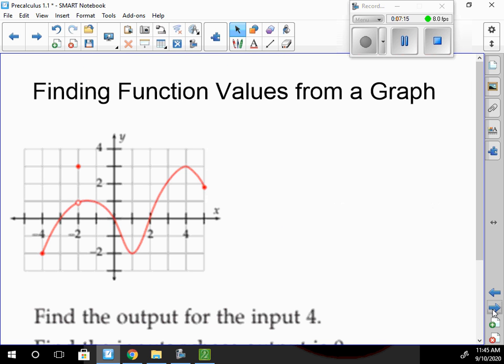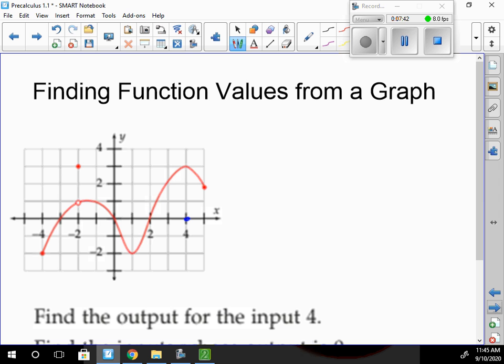Looking at a graph, we can find the function values as well. So for every x on this graph in red, there is a y. So for every input, which is your x's, there's a y that comes out. So if I go over to 4 for the input, that's at this point here.